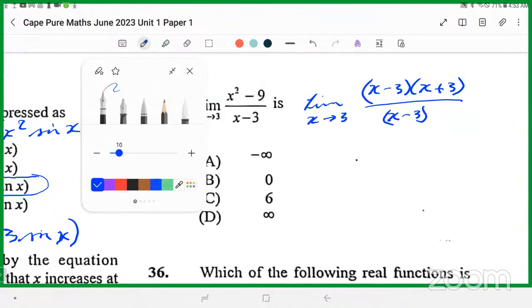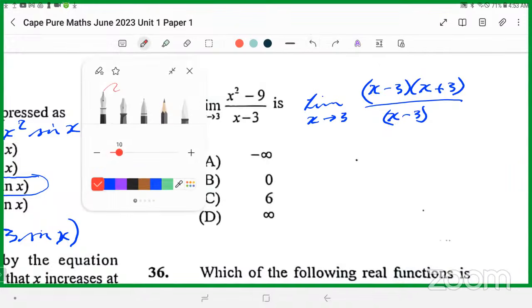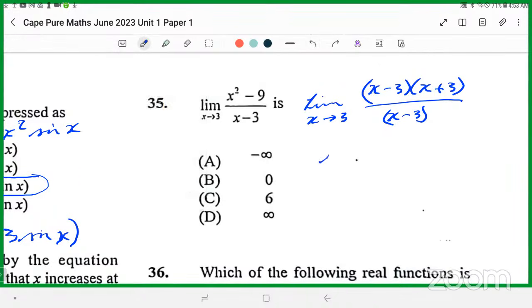Then these cancel each other, and so we're really doing the limit as x tends to 3 of x plus 3. It becomes 3 plus 3 when you apply the limit, which is 6.